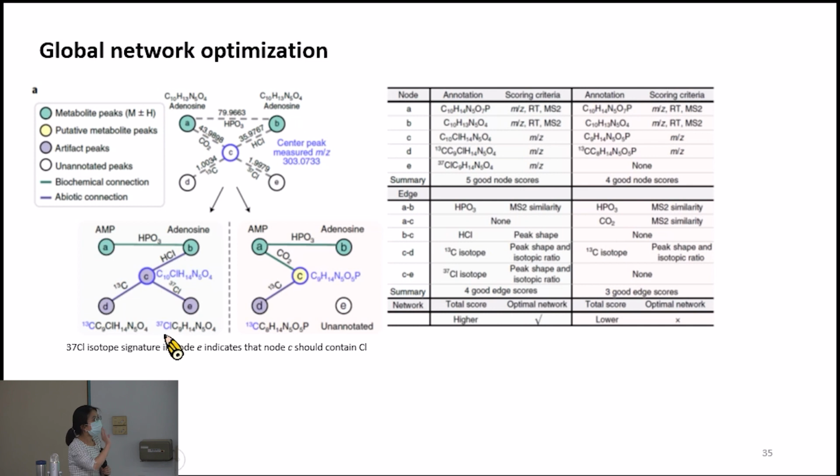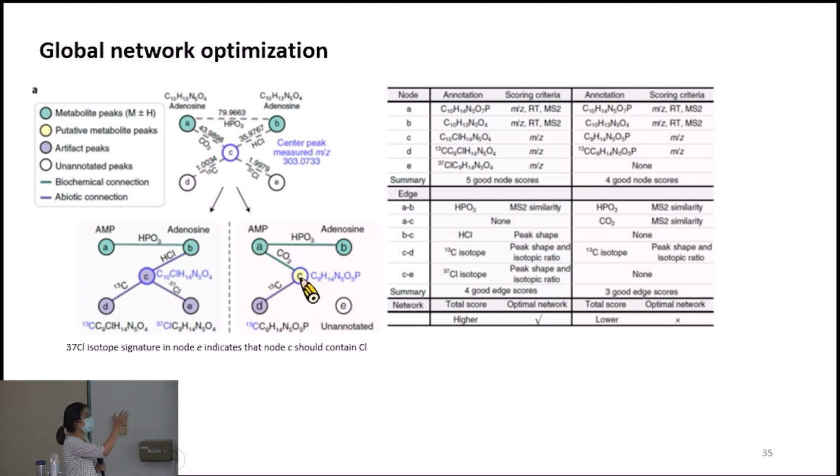But if we look into the right network prediction, it's only for carbon prediction here. There is no prediction here. But if we look into the real C, you will find out that only the node C in the right panel has the chloride here. So this compound should be derived from here, not here. There is no chloride here.